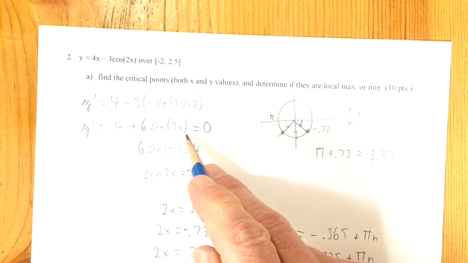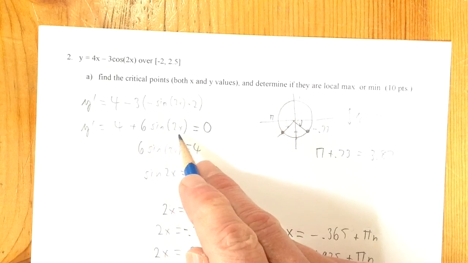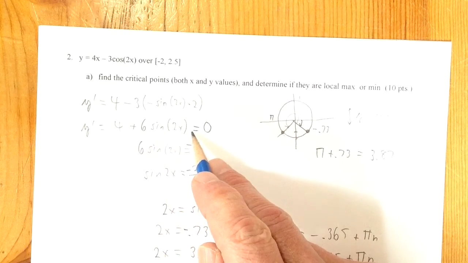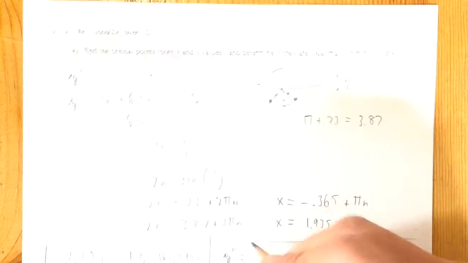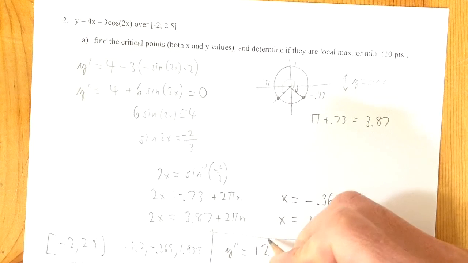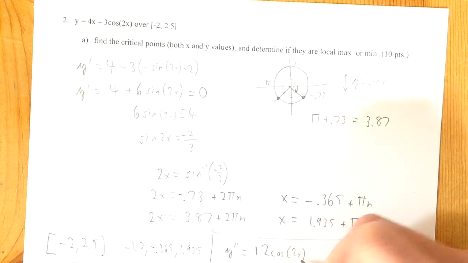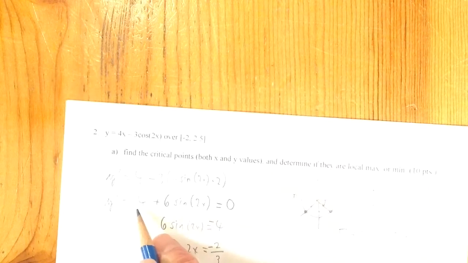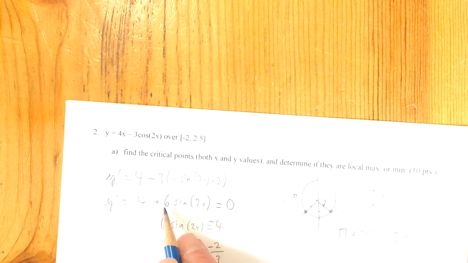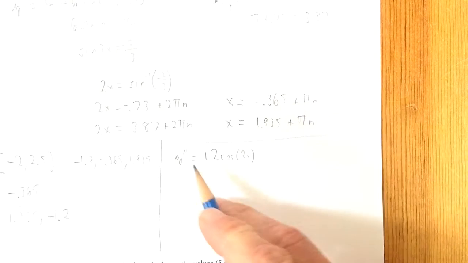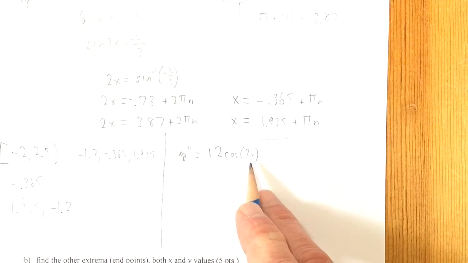The derivative of 6 sine 2x is 6 cosine 2x times 2, so 12 cosine 2x. So the second derivative is 12 cosine 2x.